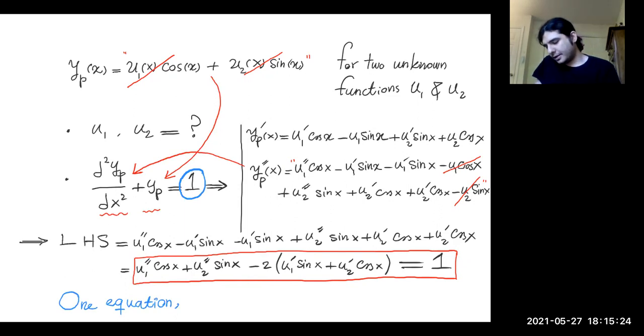The plus should be minus, thank you. So the idea is that we have one equation and two unknowns.